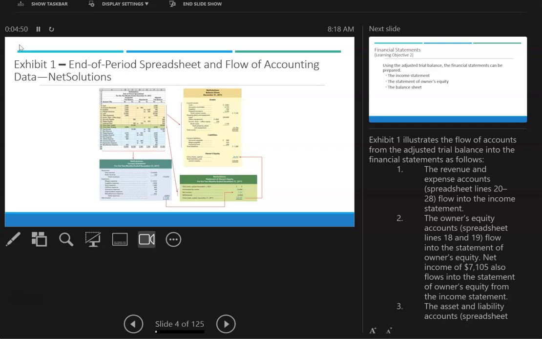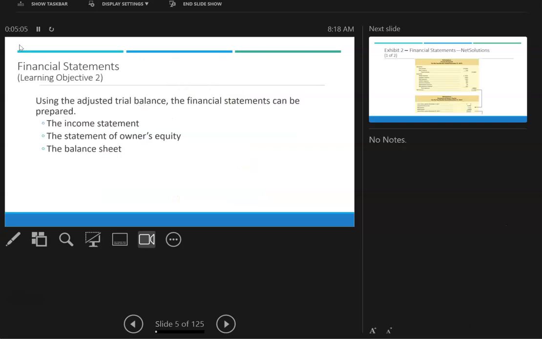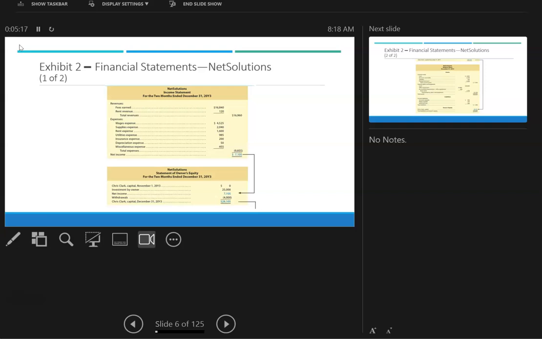And from this adjusted trial balance, we're going to first prepare the income statement, then we're going to prepare the statement of owner's equity, and then from there we're going to create the balance sheet. Using the adjusted trial balance, the statements get prepared.